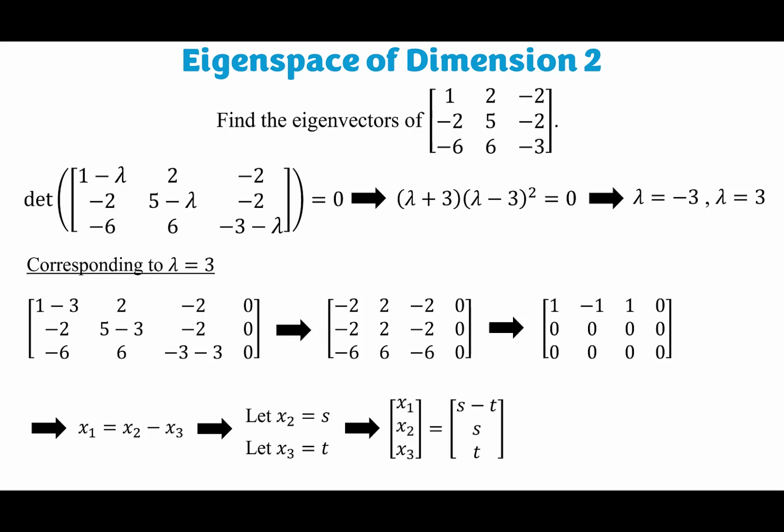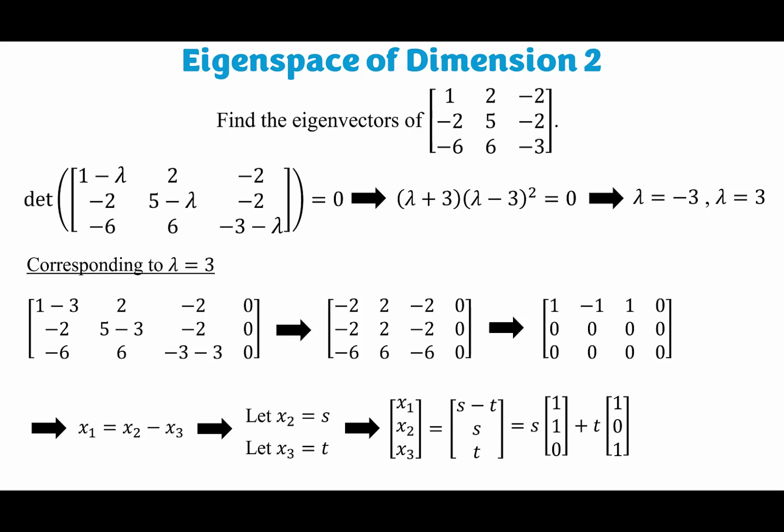And so you can write our vector as s minus t, as that's what x1 is, x2 is s, and x3 is t. And you can separate that into 2 different vectors, one being scaled by s and one being scaled by t, right? Because the first 2 elements have an s, and the first and third element have a t.